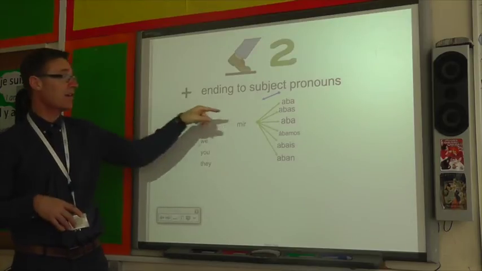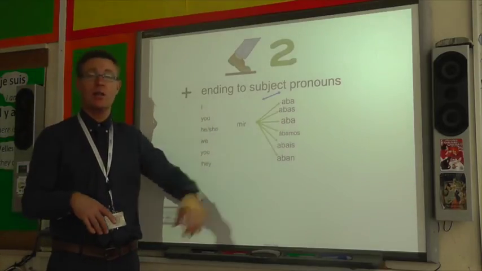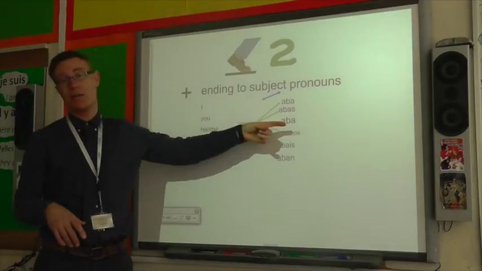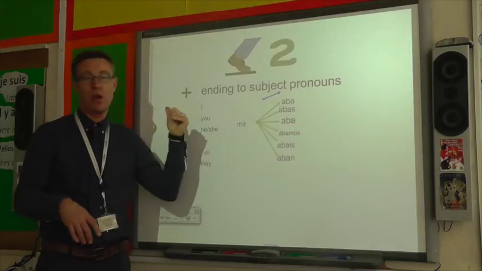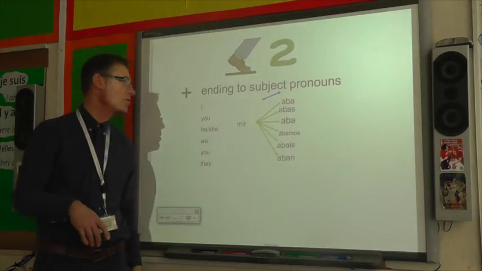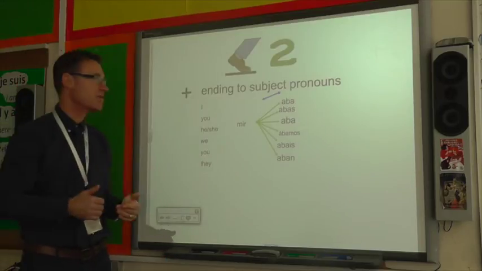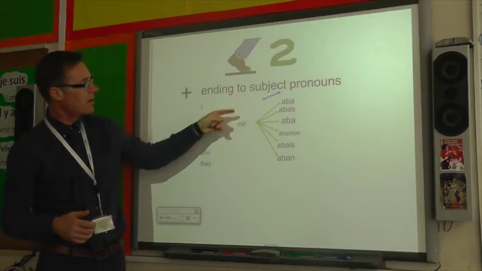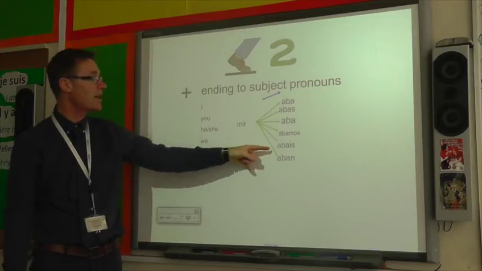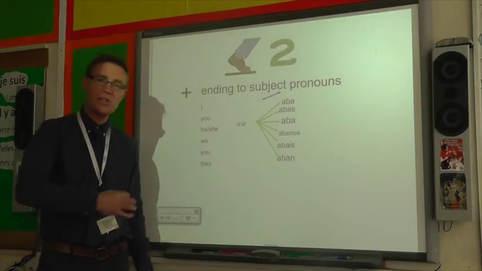Yo miraba, mientras que mi hermana no miraba la televisión. So I used to watch television, whereas my sister didn't used to watch. So we can use that to differentiate. So let's go again. Miraba, mirabas, miraba, mirábamos, mirabais, miraban. So those are AR verbs.